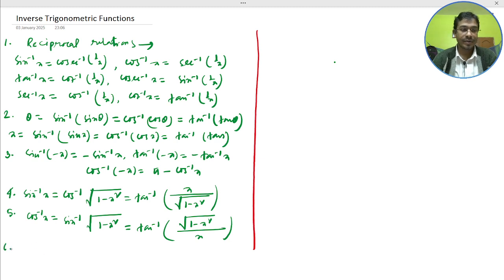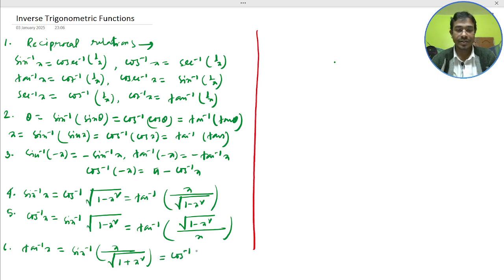Next, tan inverse x is equal to sin inverse x divided by root over 1 plus x square, which is equal to cos inverse 1 by root over 1 plus x square. Just trigonometric formulas using inverse form.